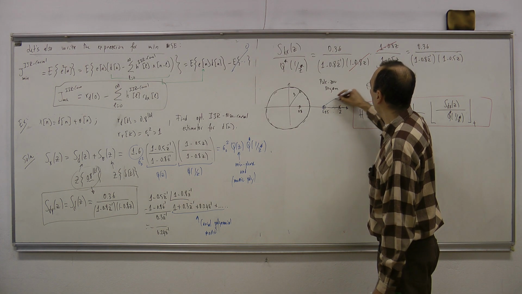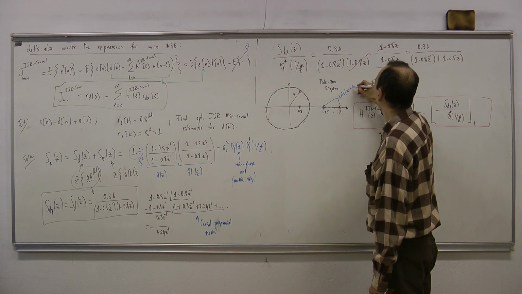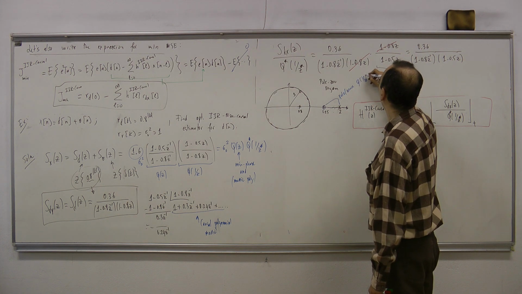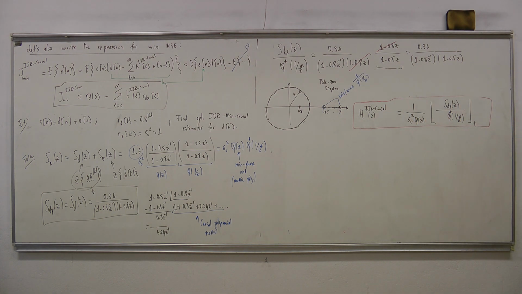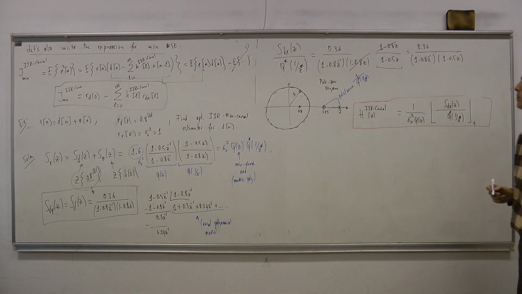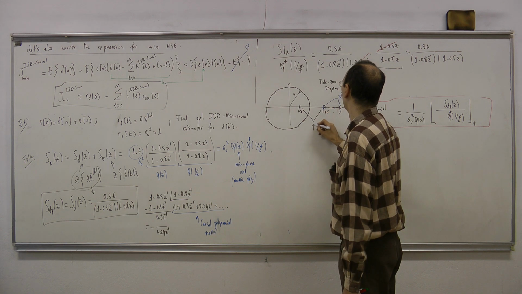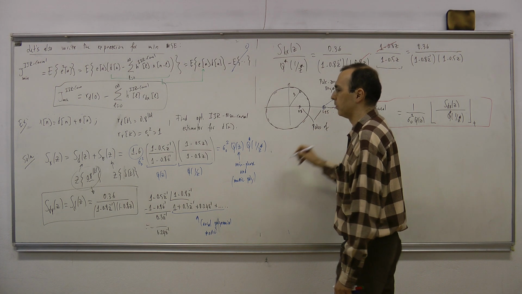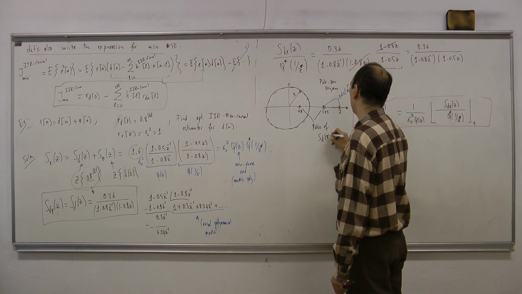So these two are the pole and zero of 1 over Q of 1 over Z. If you wish, I can put the conjugates like that. And these two are the poles of this one, S d of C.